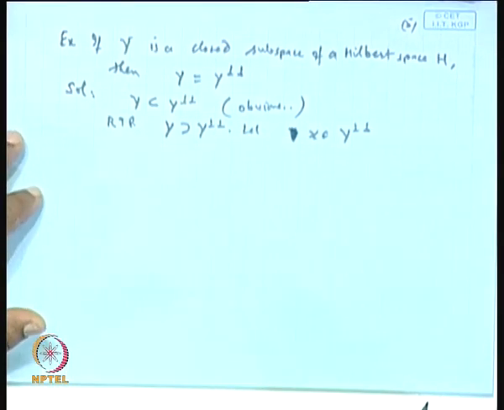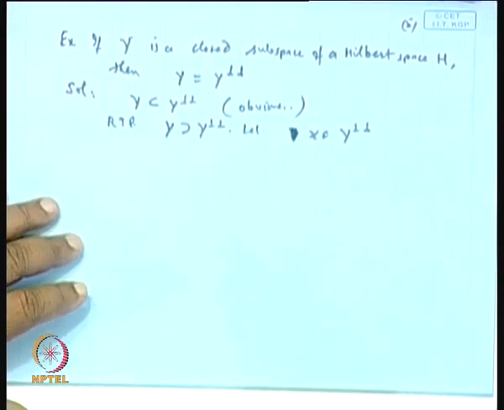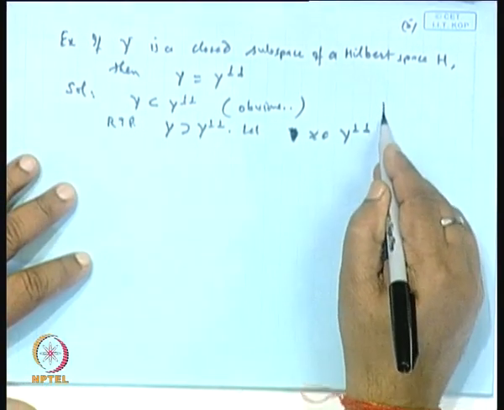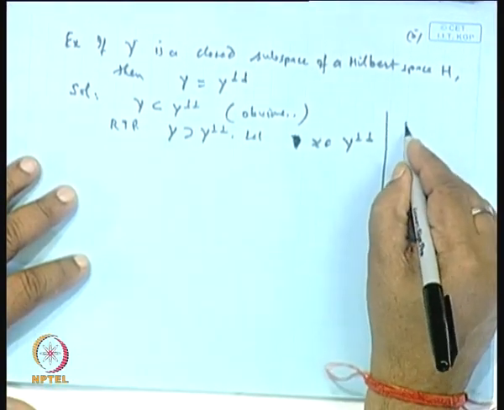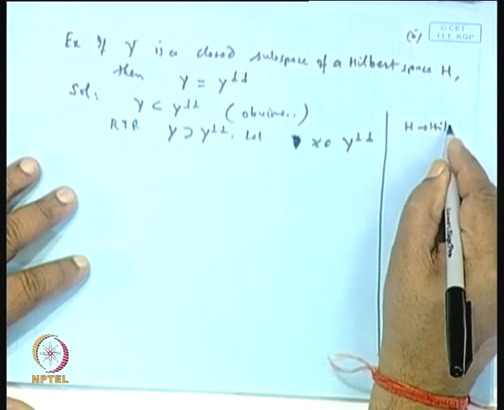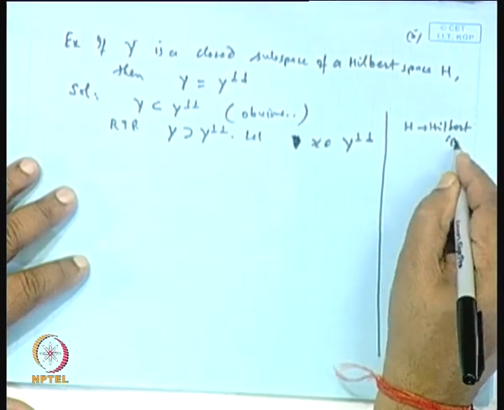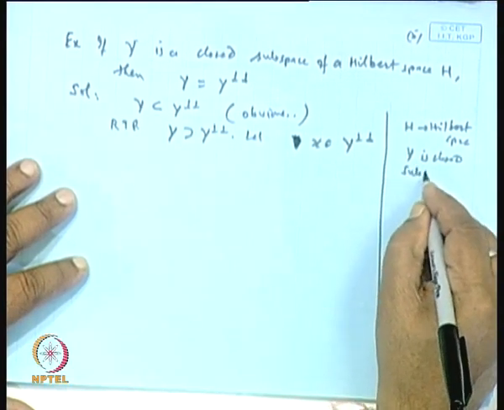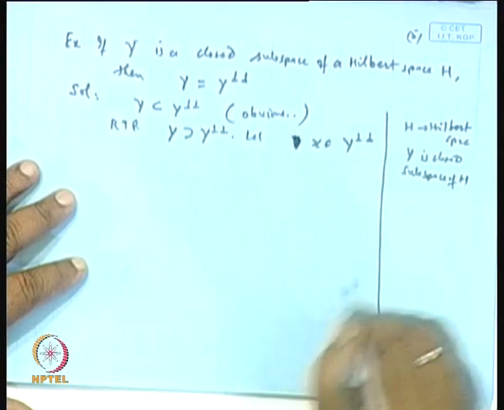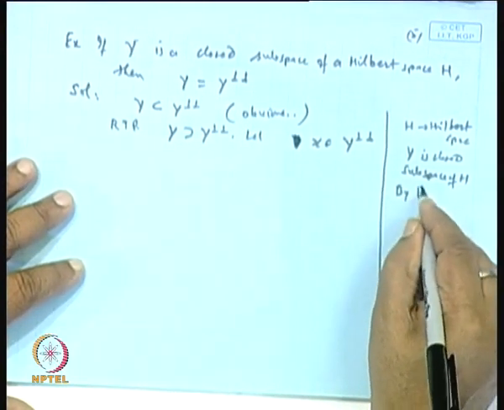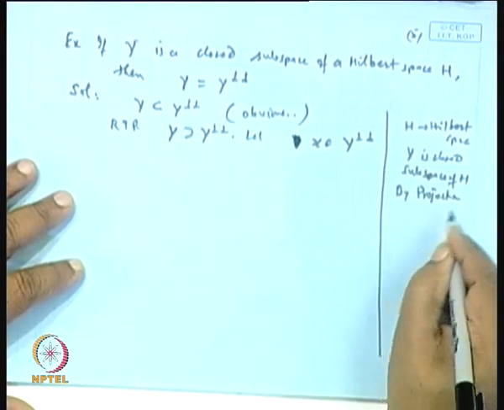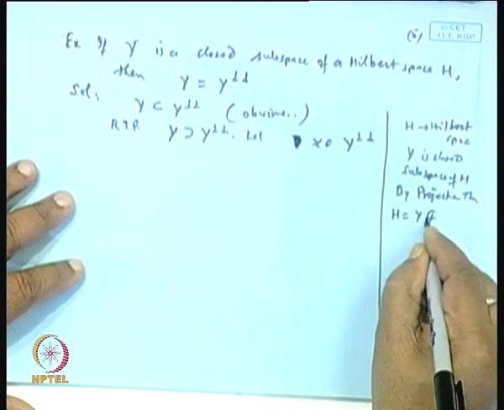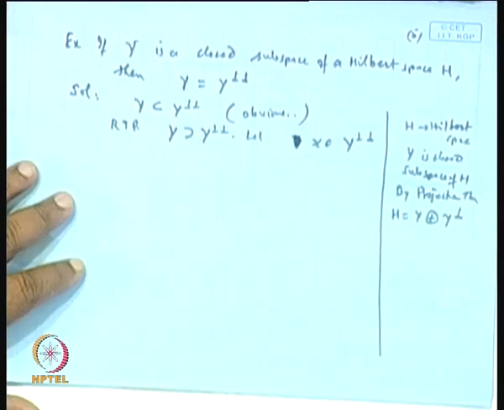Now, Y is a closed subspace of the Hilbert space H. So, by the projection theorem, H can be expressed as a direct sum of Y and Y perpendicular.